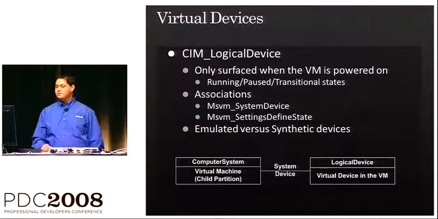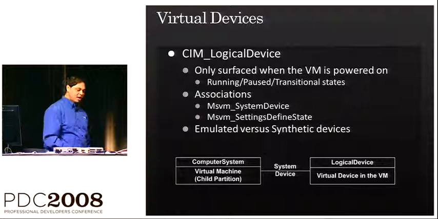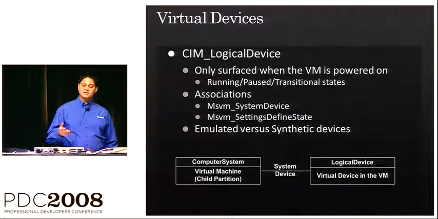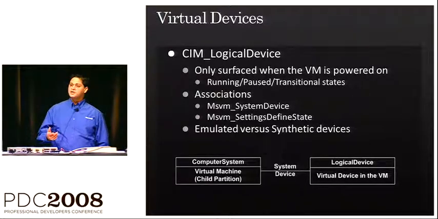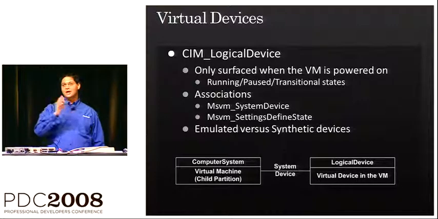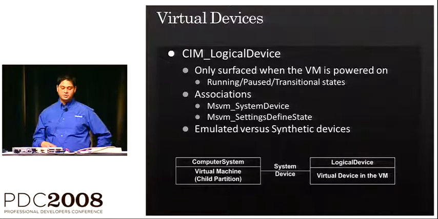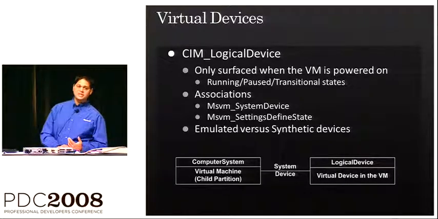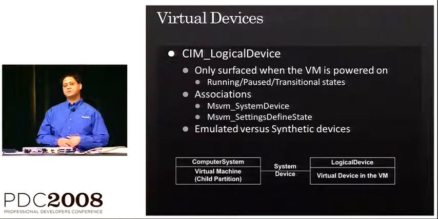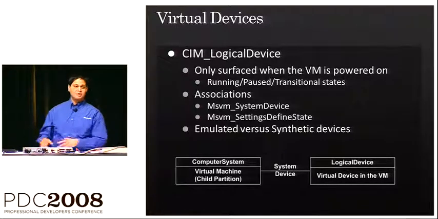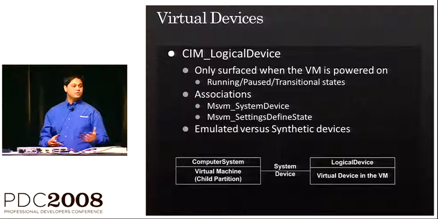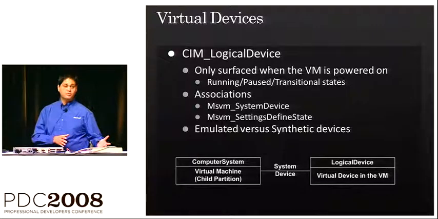Finally, we've got this emulated versus synthetic concept. And as you go through the APIs and the different classes that are defined, you'll see some of them described as, I have a synthetic Ethernet adapter as opposed to an emulated Ethernet adapter. Now the difference between them, emulated is essentially a little bit more compatible with different operating systems, and especially some down-level operating systems, etc. However, you do sacrifice some performance in that case.